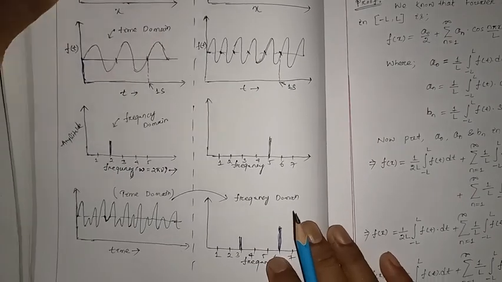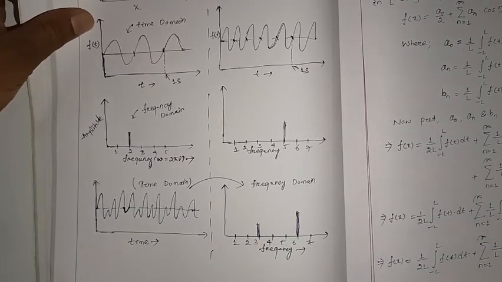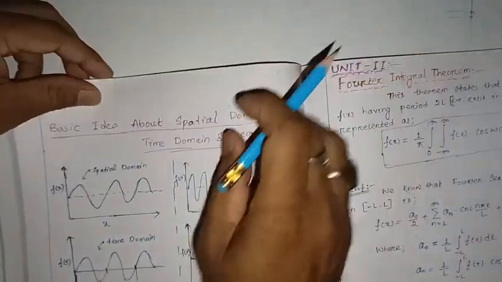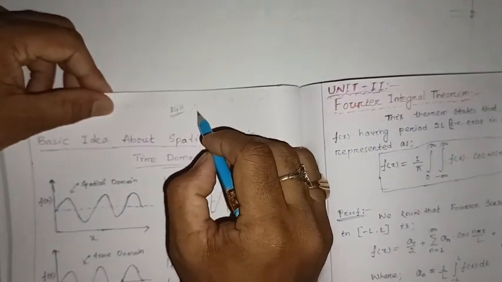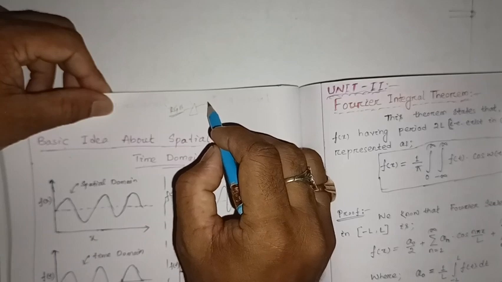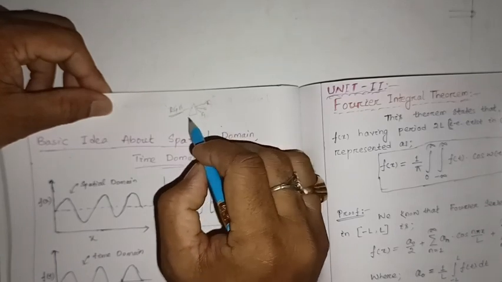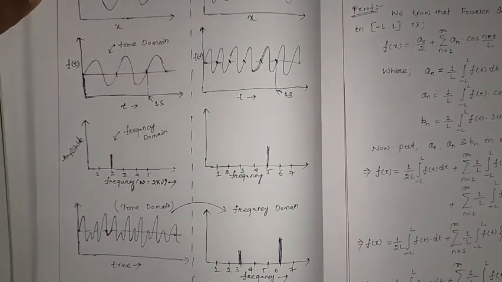Suppose we have an audio or video signal having various frequencies. Suppose you consider a light having RGB, red, green, blue wavelengths mixed together. When this light is dispersed, then red light, green light and blue light we can find. So that means a mixture of 3 frequencies, or more than one frequency, in one signal.